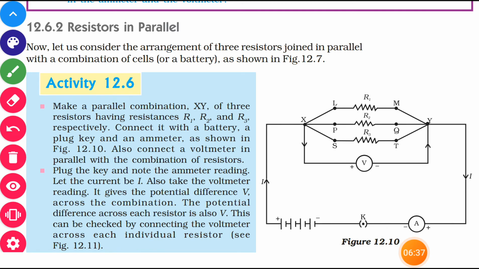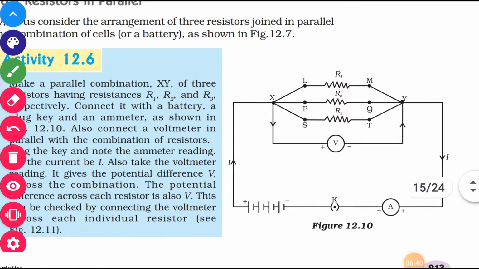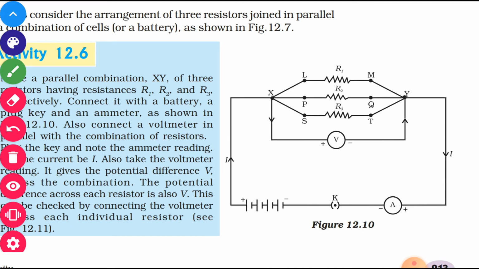Now we talk about resistors in parallel. See, this is the parallel connection of 3 resistors, and we know its characteristics. Voltage across each resistor is the same, and the current through each resistor is different. I1, I2 and I3 are the currents.